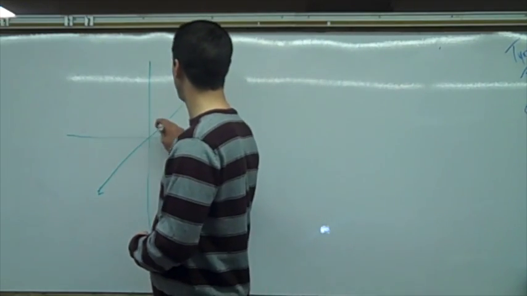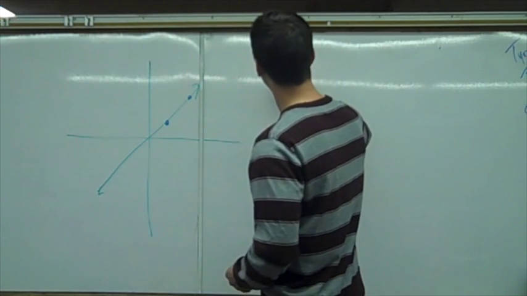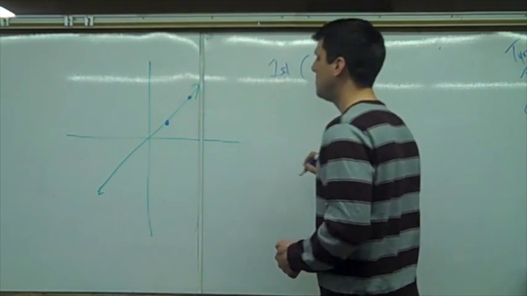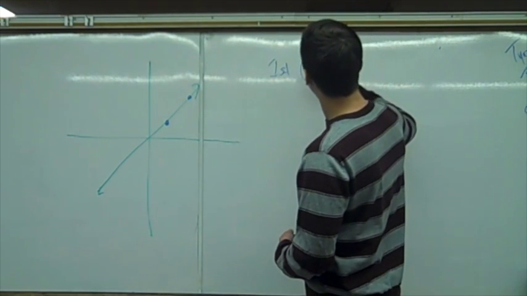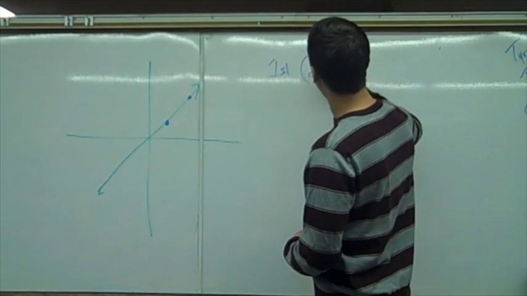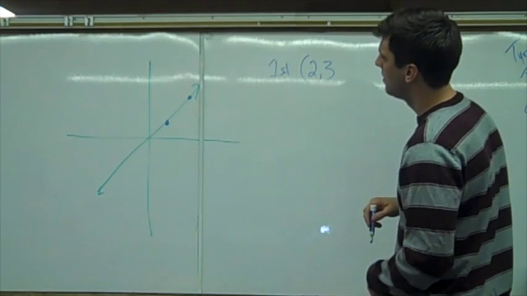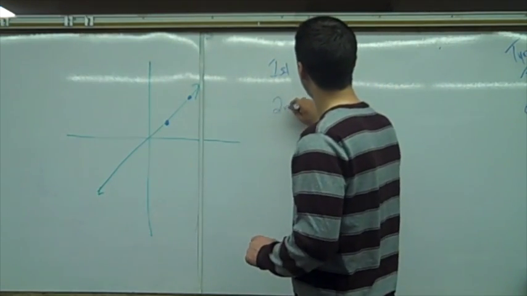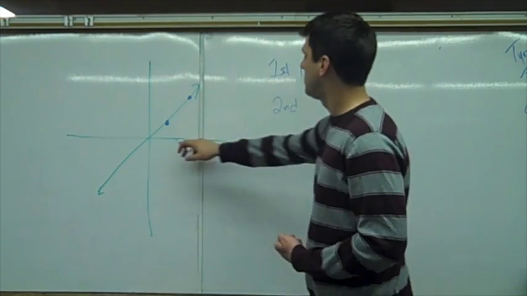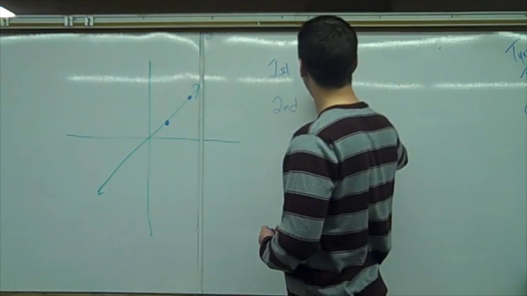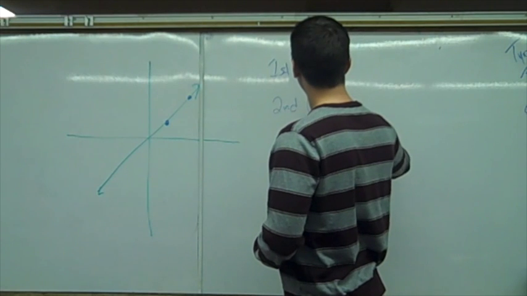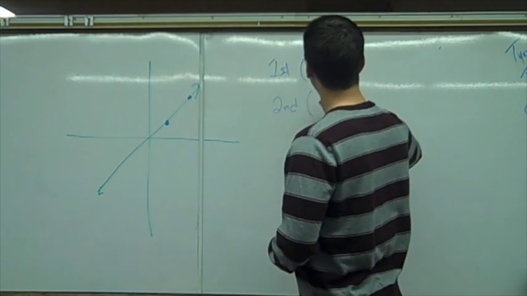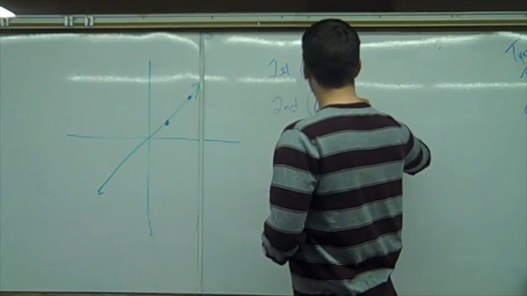We're going to say the first dot is going to be point 2 over and 3 up, and then the second dot is going to be, let's say 5 over, no, we're going to say 6 over and 9 up.